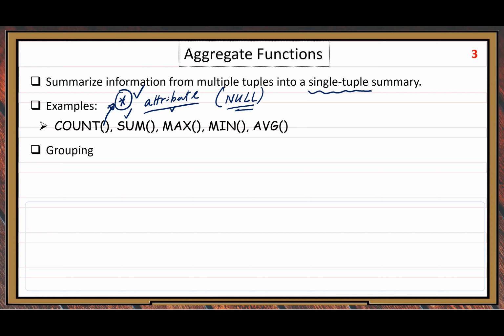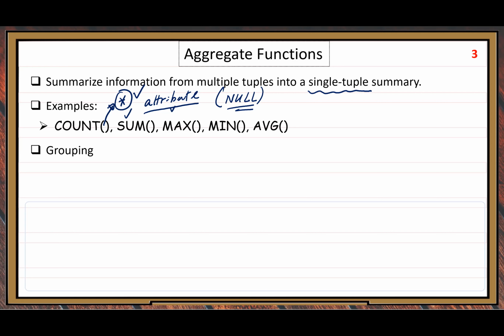Grouping, another important concept. When you apply aggregate functions, many times you need to specify the grouping rules, what grouping rules you want to define, for grouping the rows or tuples in a given table.